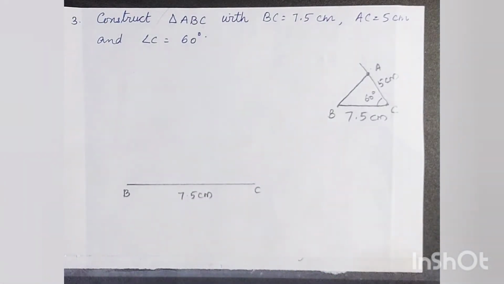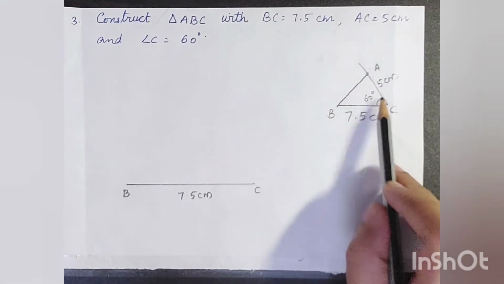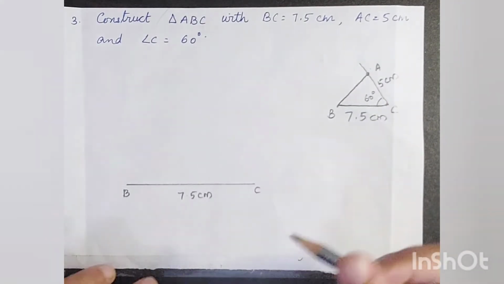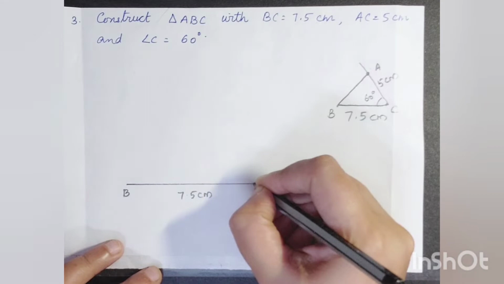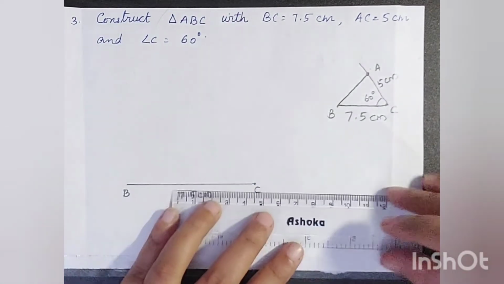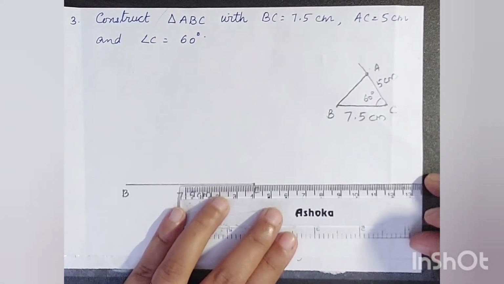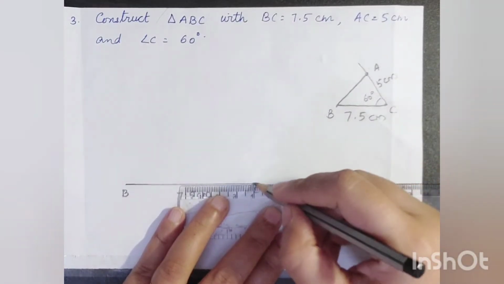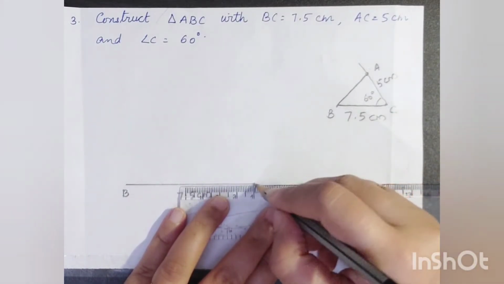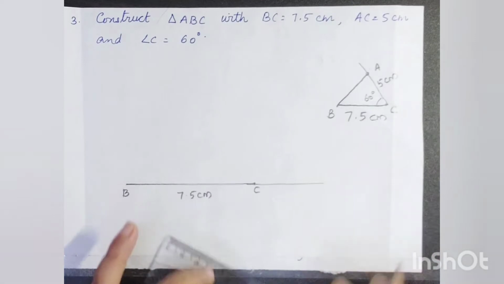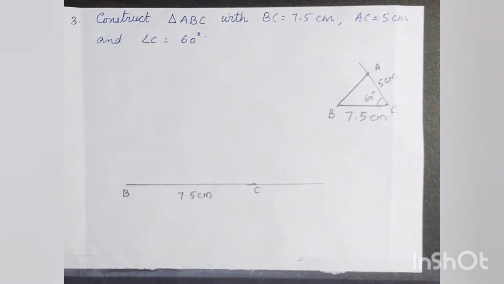Now what is the next thing which they have given? Angle C is equal to 60 degree. So how do you construct a 60 degree angle? See, basic angles, that is 30, 60, 90, 120, 150 and all, we can construct without using a protractor. Okay. So how do you construct without using a protractor?